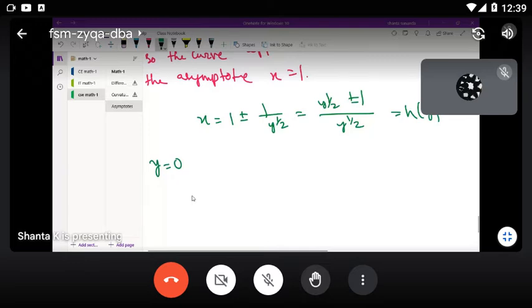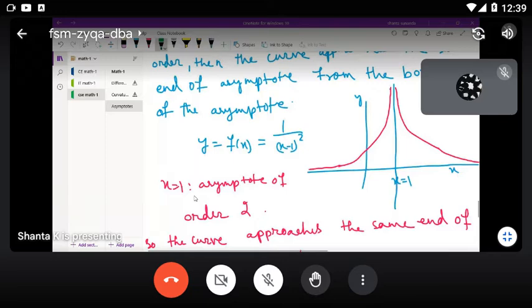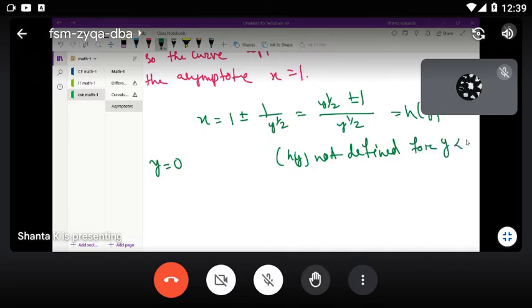So h(y) is not defined for y less than 0. Got it? h(y) is not defined for y less than 0 because it is a square root.